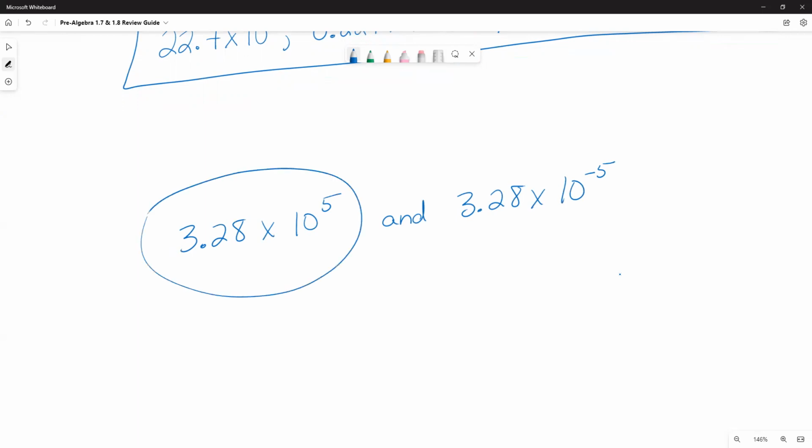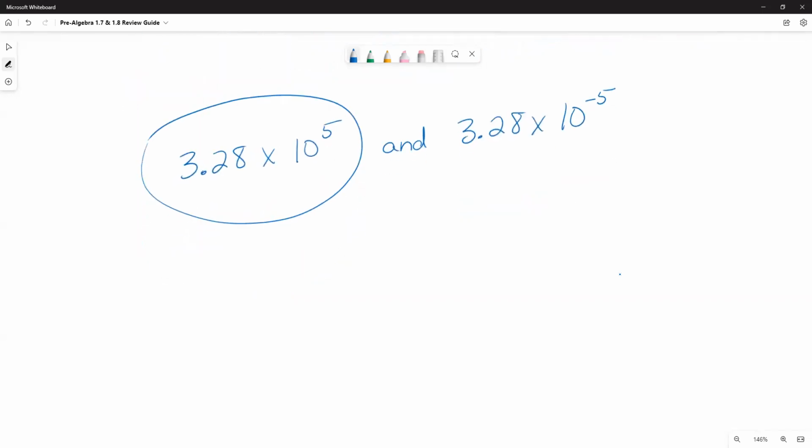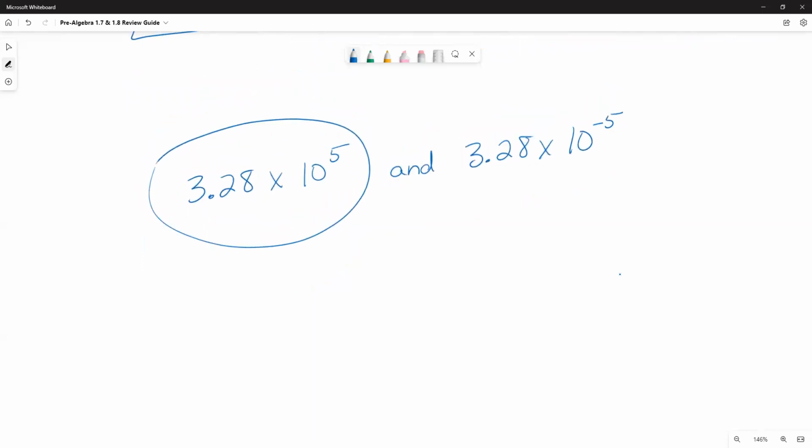Are they close? No, they are extremely, vastly different numbers. That is our largest. So this is 328,000. This one is so much less than 1 that it's almost 0.